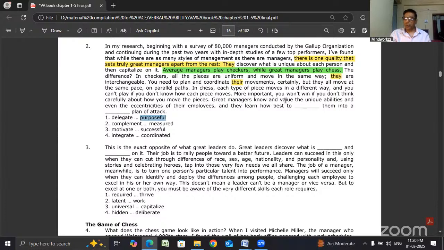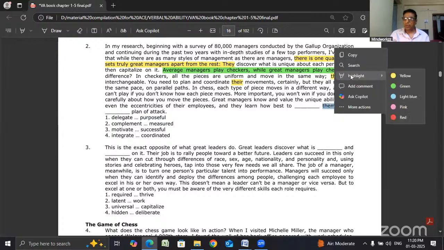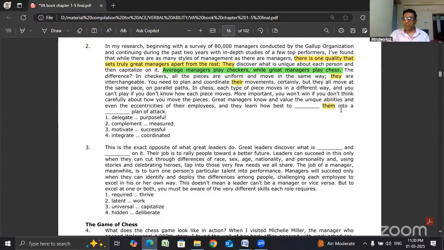So, great managers know and value the unique abilities and even the eccentricities of their employees, and they learn how best to integrate them. Yet, them, what does this them stand for? You have to answer me this. Keep track of pronouns. No, not employees.